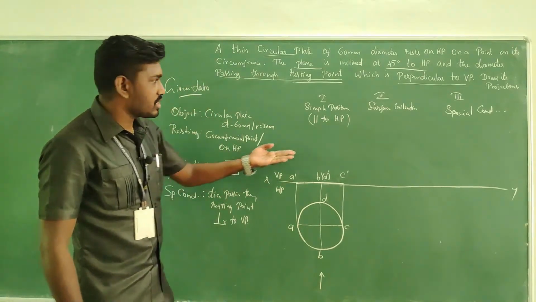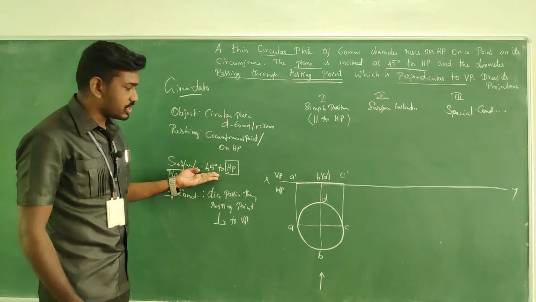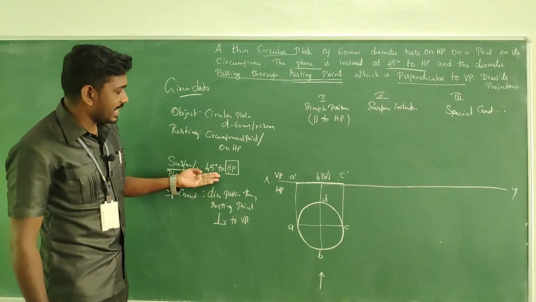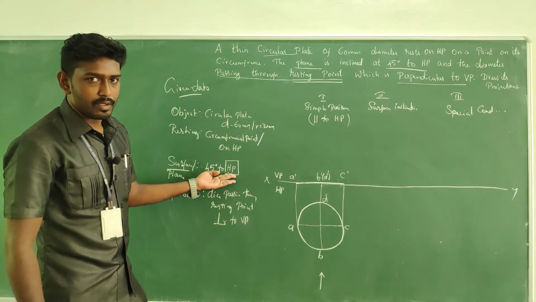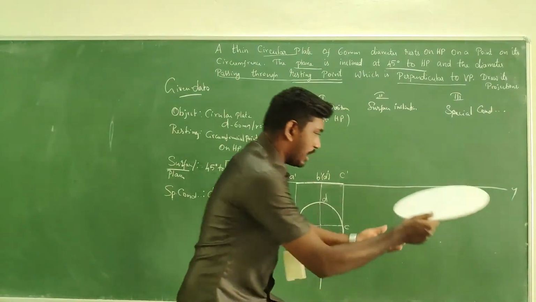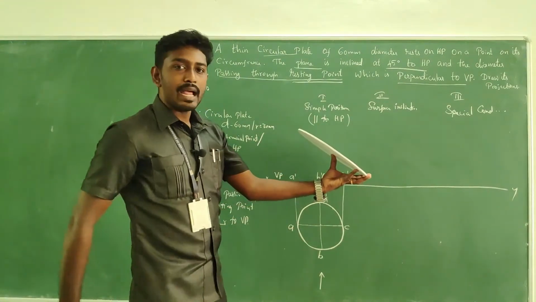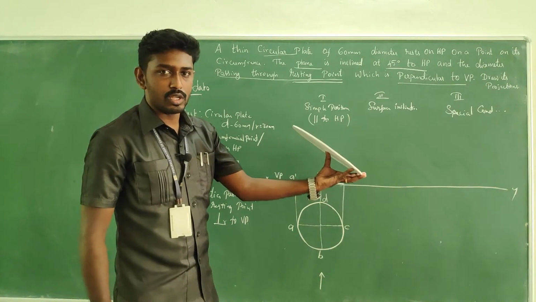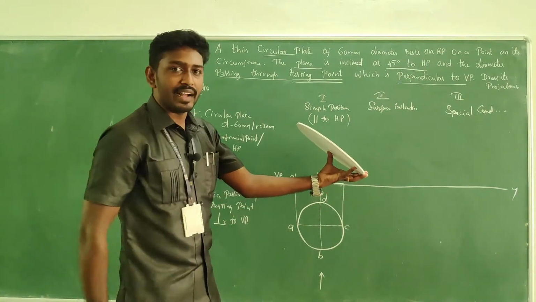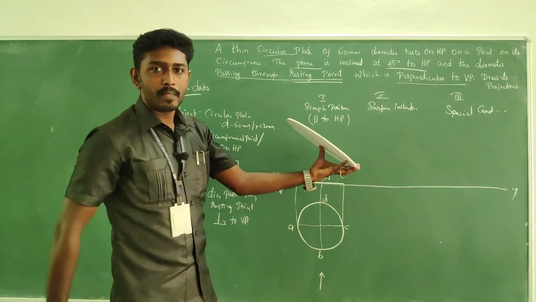As far as the surface inclination is concerned, in the question it is given 45 degree incline to HP. So now the observation we have taken something like this. Now you are going to incline the object 45 degree with HP. Okay.